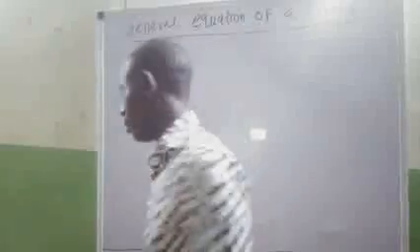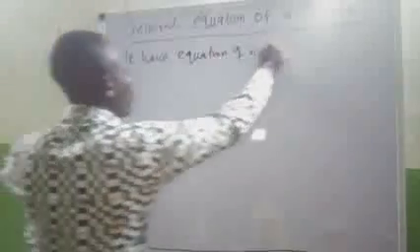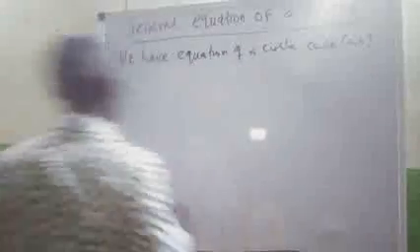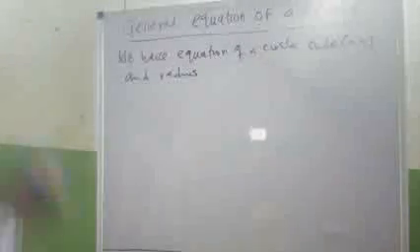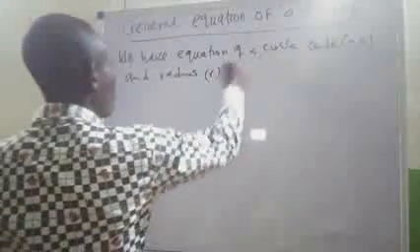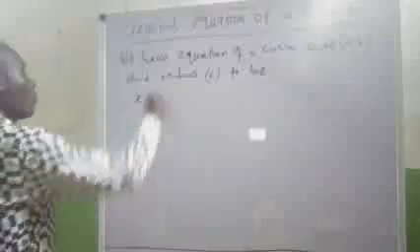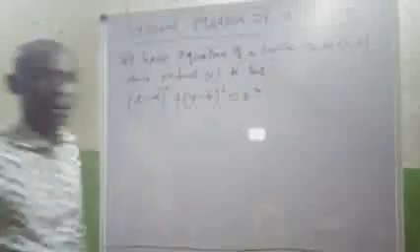Now I want us to recall that we have the equation of a circle, with center (a, b) and radius r, to be (x minus a) squared plus (y minus b) squared is equal to r squared.